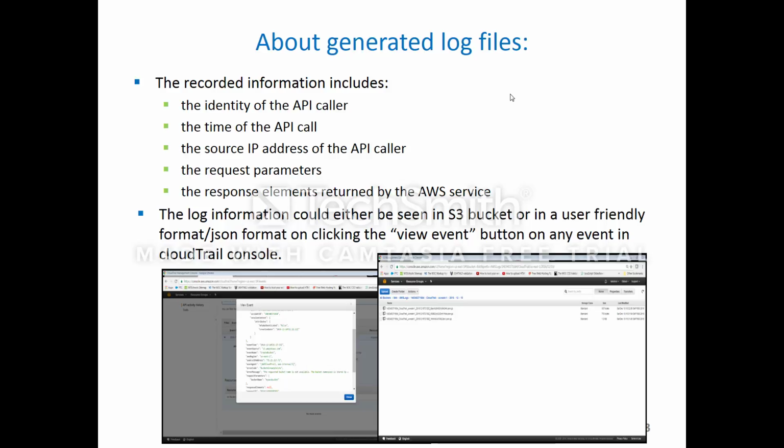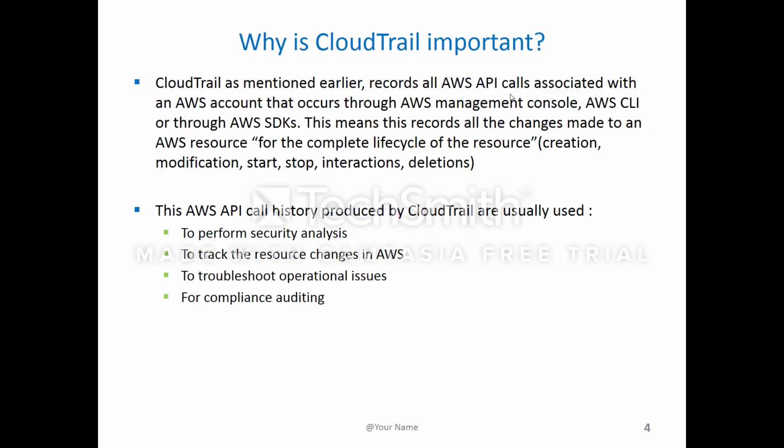The log information can be seen either in an S3 bucket in the form of log files, or in a user-friendly format like JSON by clicking the view event button on any event in the CloudTrail console. So either on the console or in an S3 bucket.